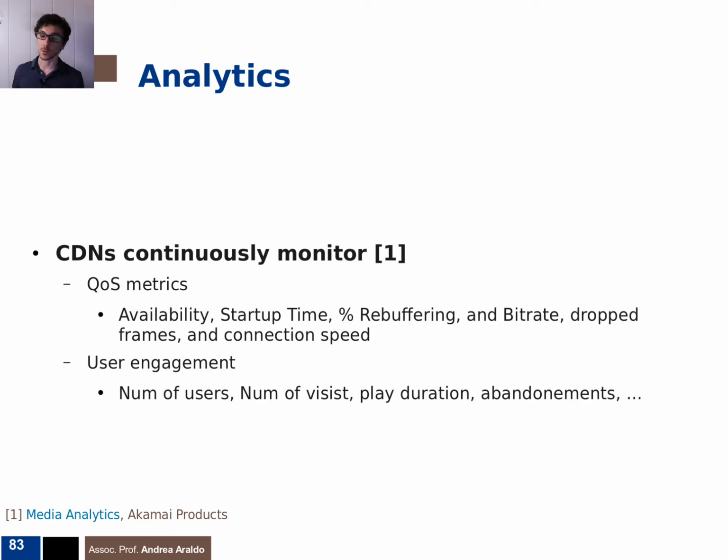They know if the user is abandoning a video because the quality is not sufficient. They can measure if the user has experienced rebuffering episodes or slow startup time, etc. So they can collect all this information and provide it back to the content providers, which can then try to improve their content in order to increase user engagement.